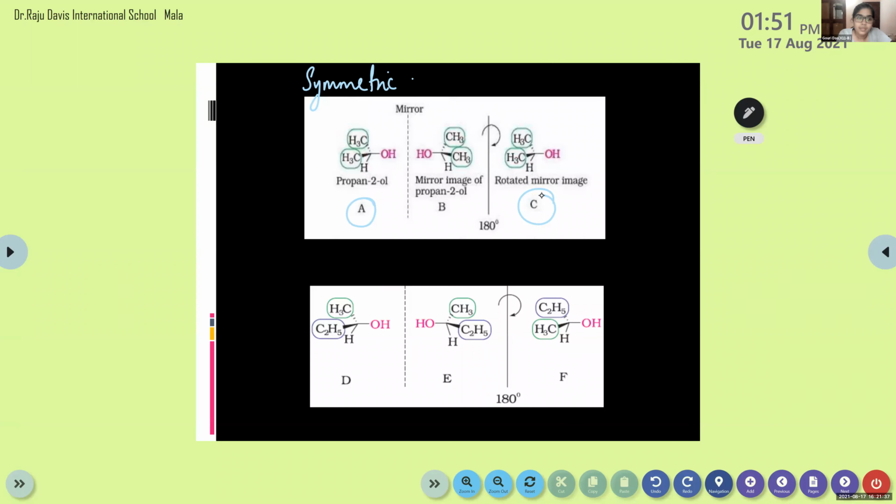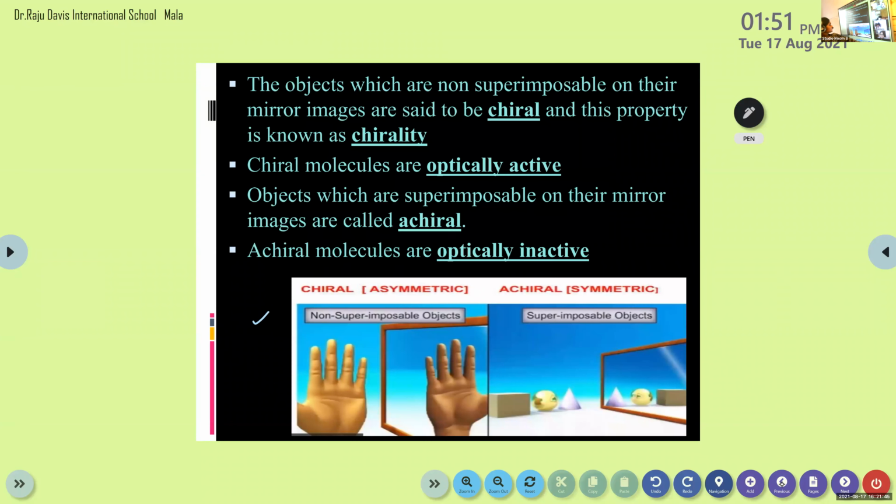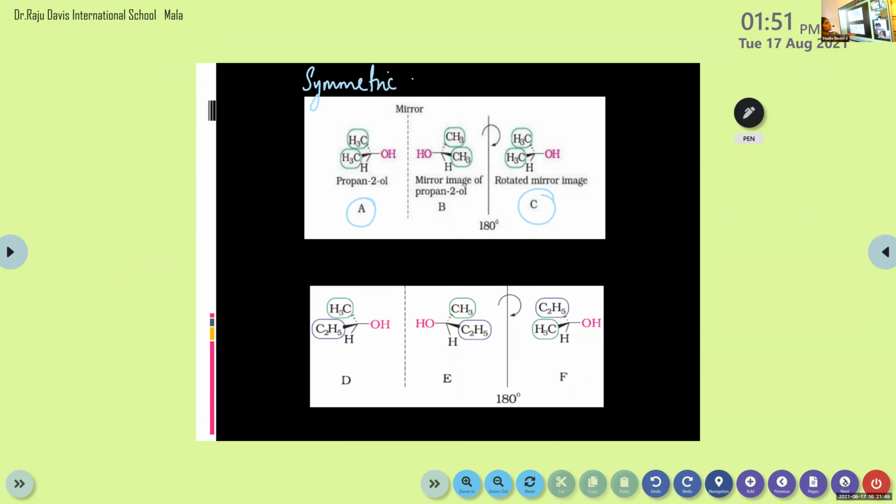Ma'am, can you tell the definition again? For what, Gauri? Non-superimposable, that we already wrote, right? Okay, no need to write the definition. That's not a definition, that's an explanation. If you place one above the other, you can clearly see both these compounds, then it is considered as non-superimposable.